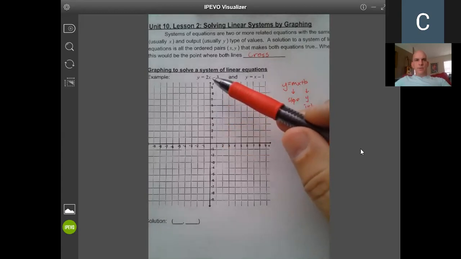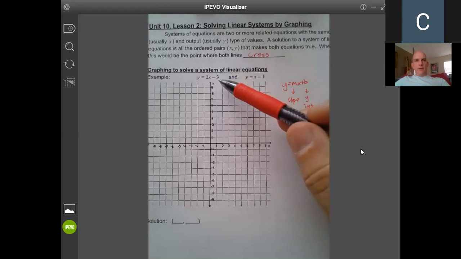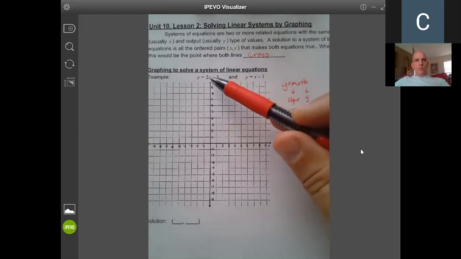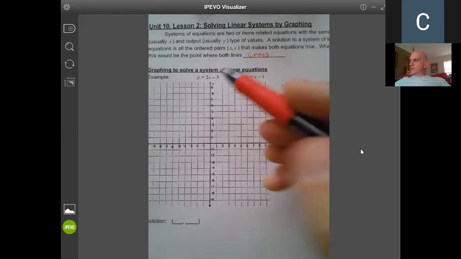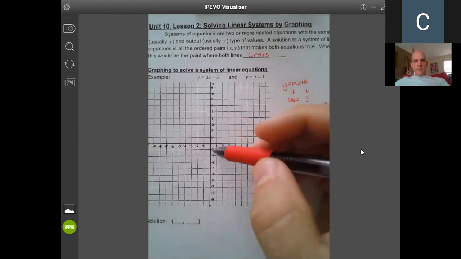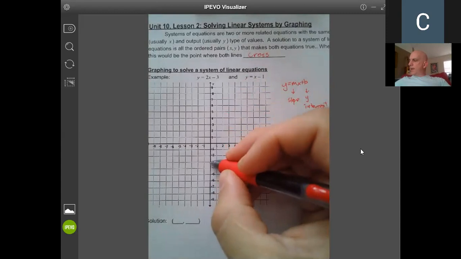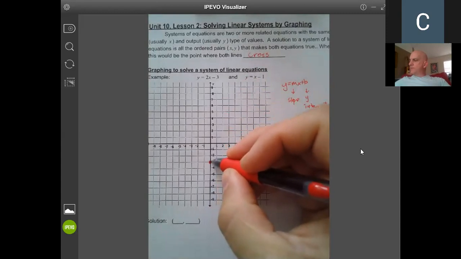Even though it shows up in that order, we graph sort of in reverse. We graph the y-intercept first and then use our slope to find other points. Our y-intercept for this equation is -3, so I'm going to come down here to -3 and put that on my y-axis.